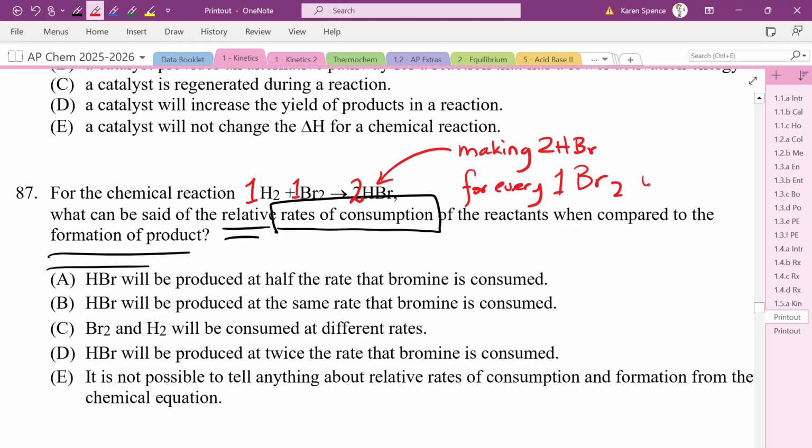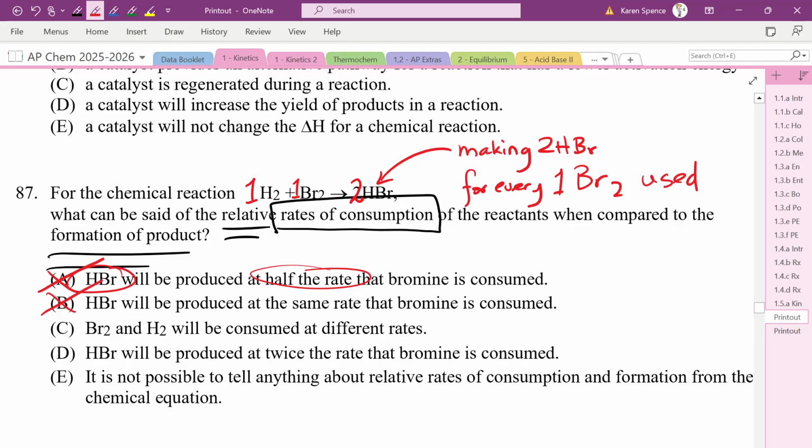Br2 used. Okay? So is it true that HBr will be produced at half the rate that bromine is consumed? No. Is it true that HBr will be produced at the same rate as bromine is consumed?